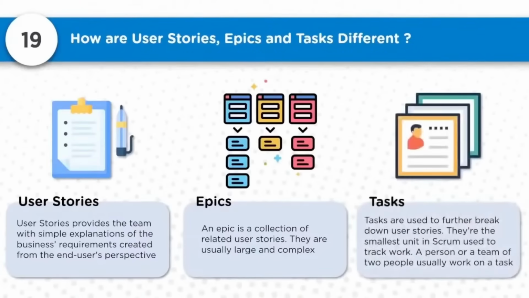Whereas a task is used to track work. Tasks are further broken down from the user stories. It is the smallest unit in Scrum used to track work. A person or a team of two people usually work on the tasks. Through these tasks, the features and functionality that are required are accomplished.